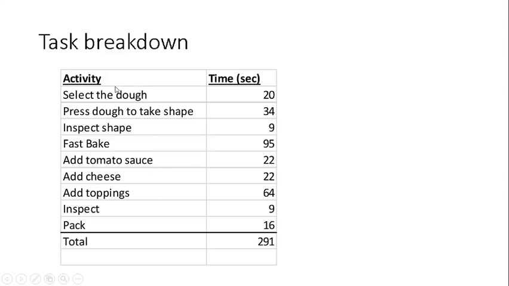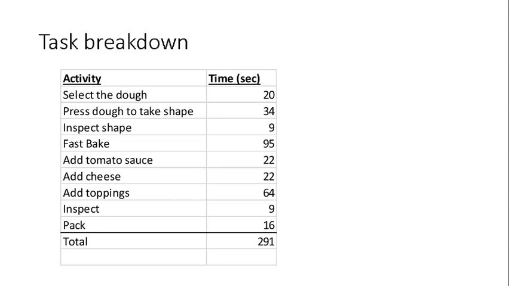in order to produce one unit, one frozen pizza, and then you have to identify or calculate somehow the time that is required for each task to be completed. For example, you can see here that we have to select first of all the dough, which takes 20 seconds, press it to take the shape, then have an inspection whether it is appropriate or not.